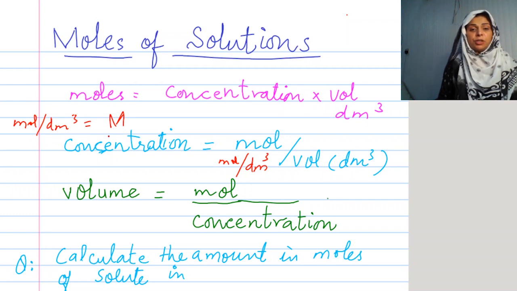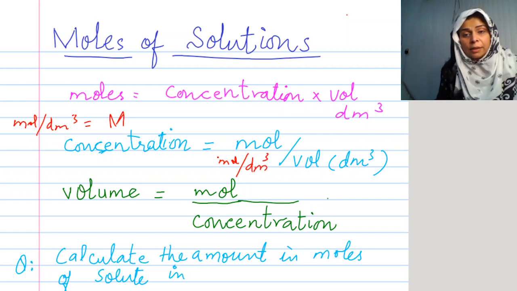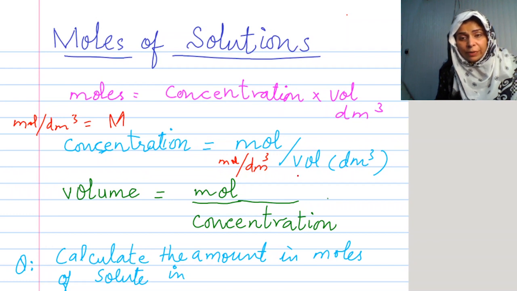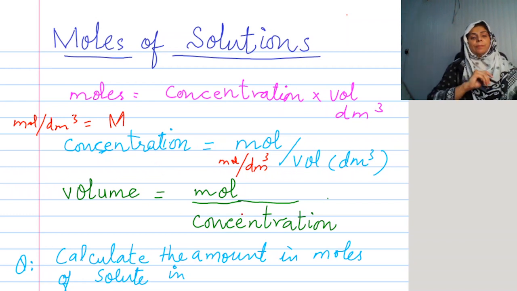So these are the units to calculate the concentration, right? From the same formula, if we want to calculate volume, then mole will be divided by the concentration. So volume is equal to mole over concentration.